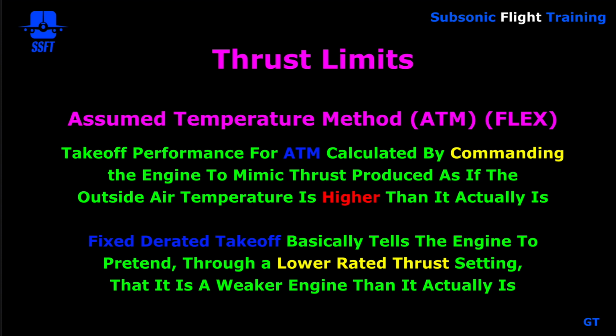A fixed derate takeoff basically tells the engine to pretend, through a lower rated thrust setting, that it is a weaker engine than it actually is. So there's a difference in how it reduces the thrust. In the case of the ATM, it's by temperature, pretending it's warmer than it actually is. With a fixed derate, we're having a lower rated thrust setting, and again pretending that the engine is weaker than it actually is.